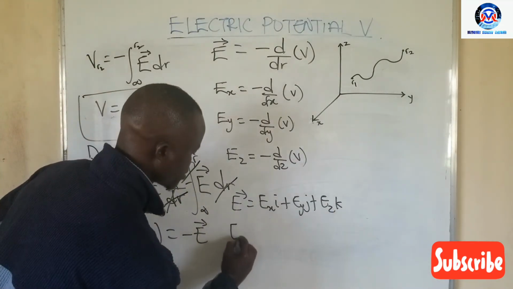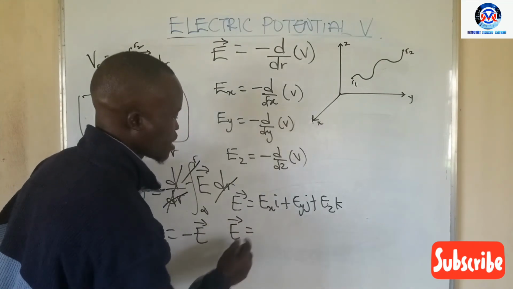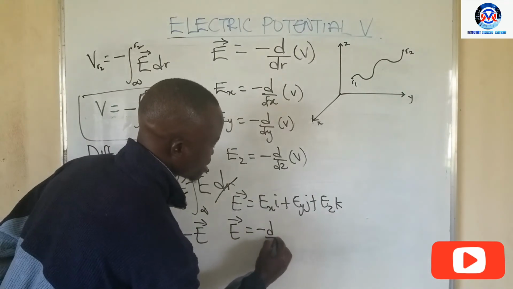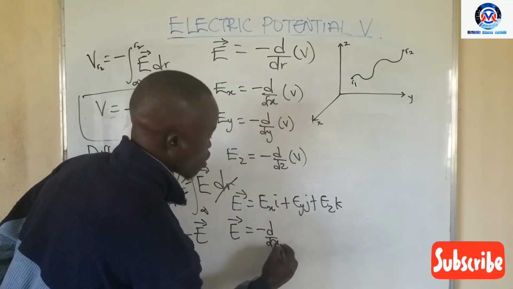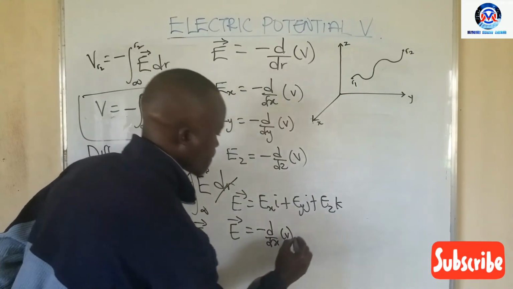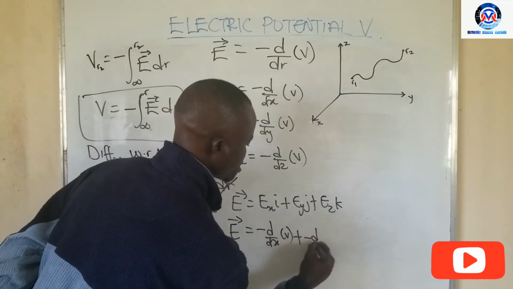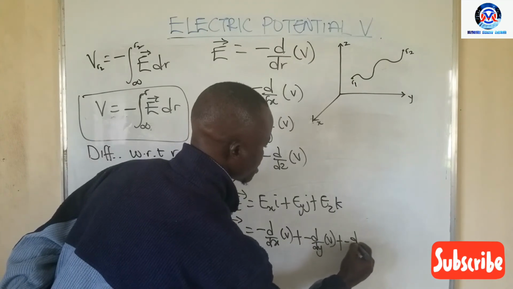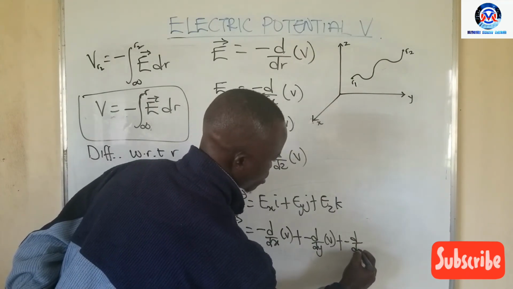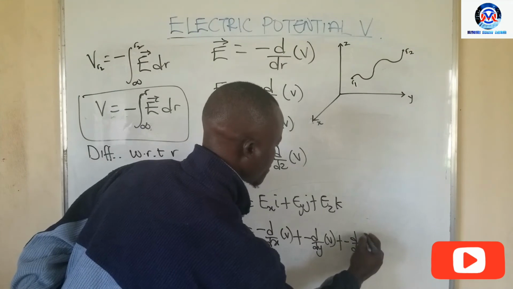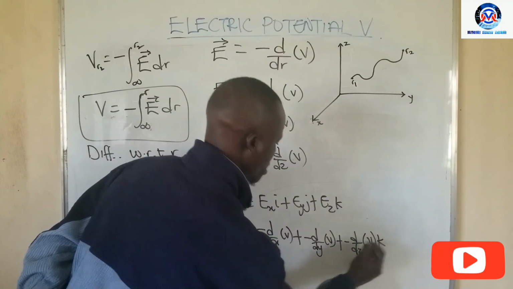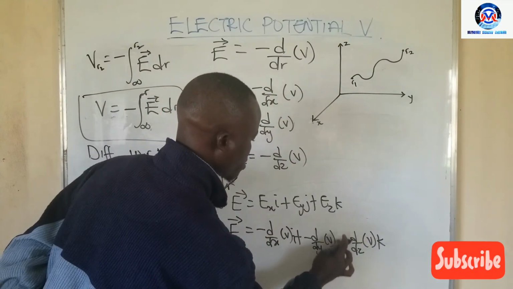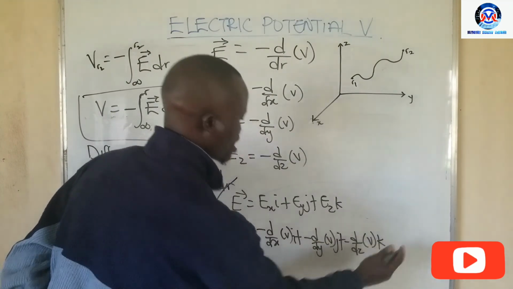Writing the electric field vector now, we are going to have E of x, which is negative d dx of V, plus negative d dy of V, plus negative d dz of V. Okay, we have our i, j, and k.